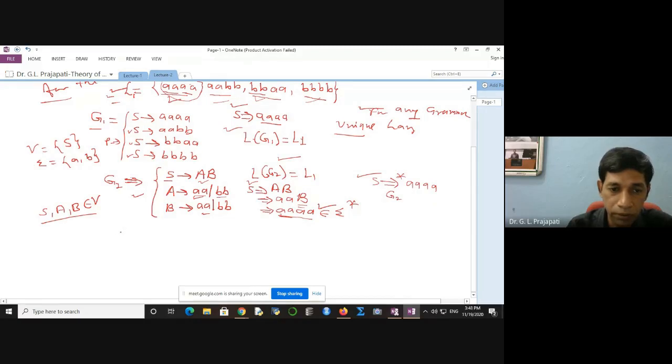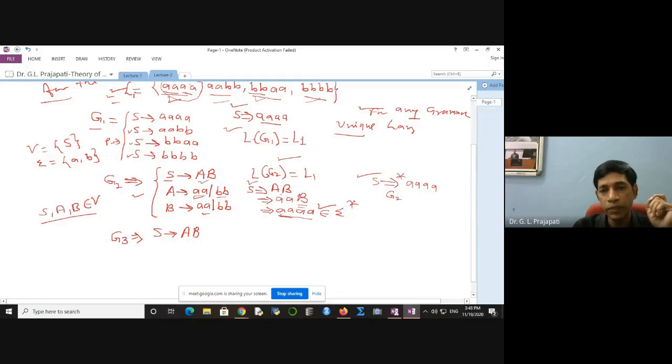So we can go for the grammar G3 for the same language. How can we write the grammar rules in a more efficient way? You have the start symbol S, which can be replaced with AB.